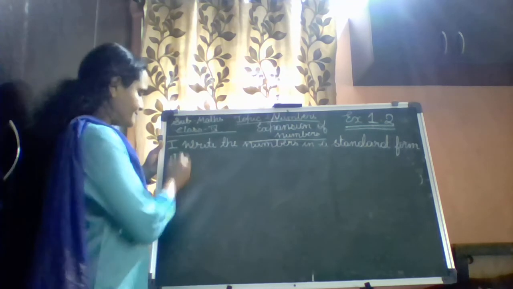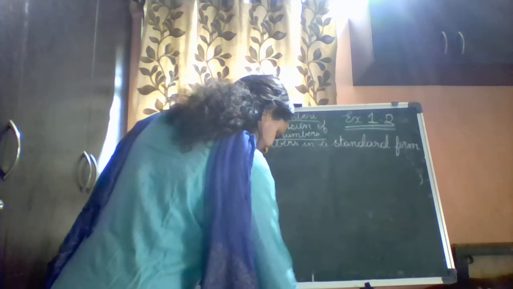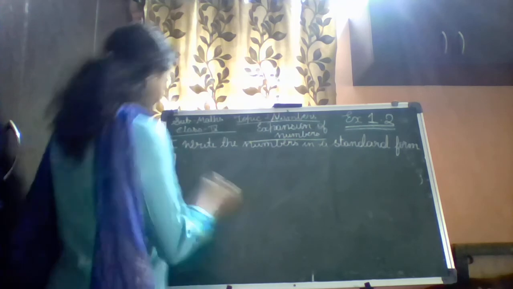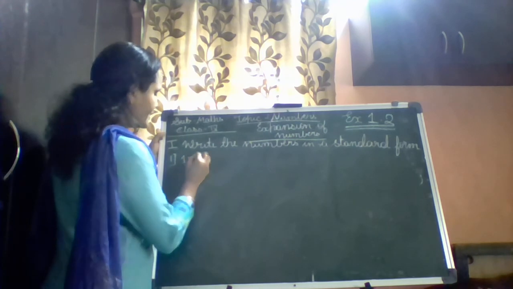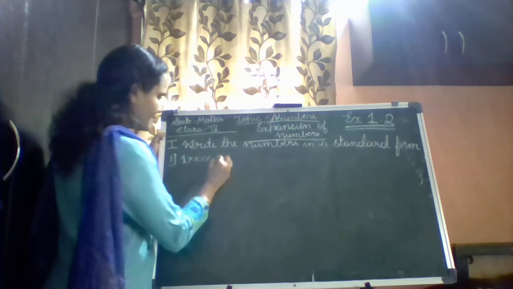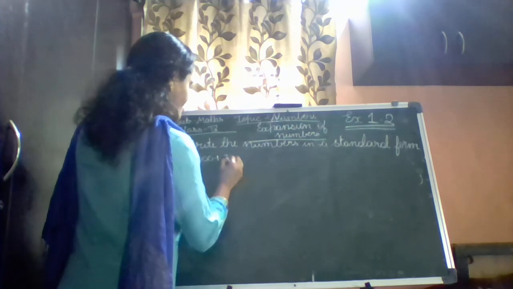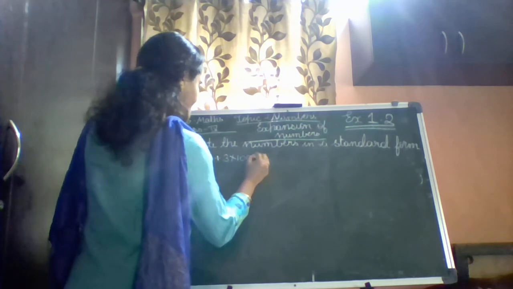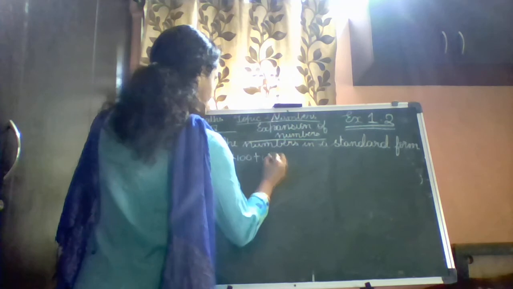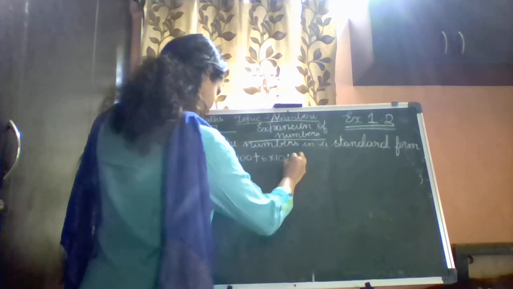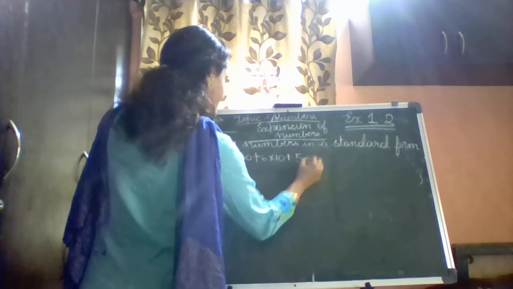The first one, 1 into 1000 plus 3 into 100 plus 6 into 10 plus 5 into 1.